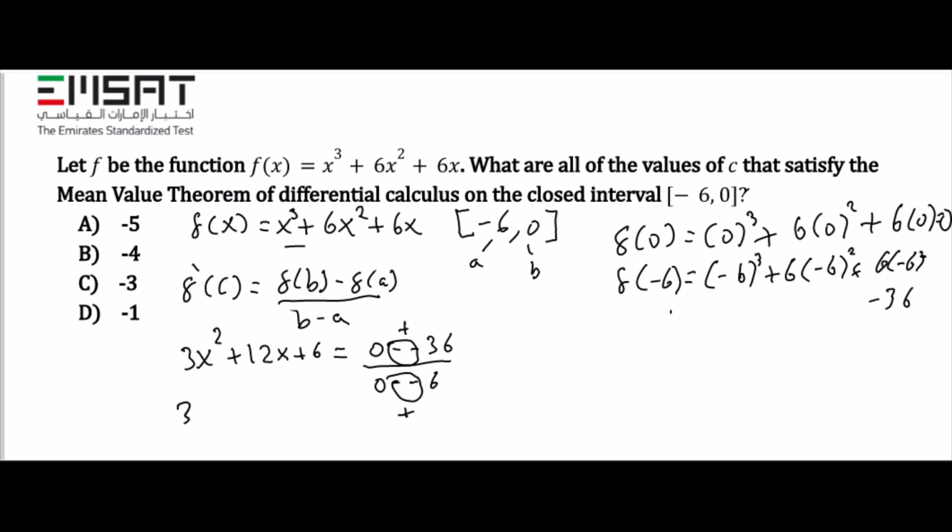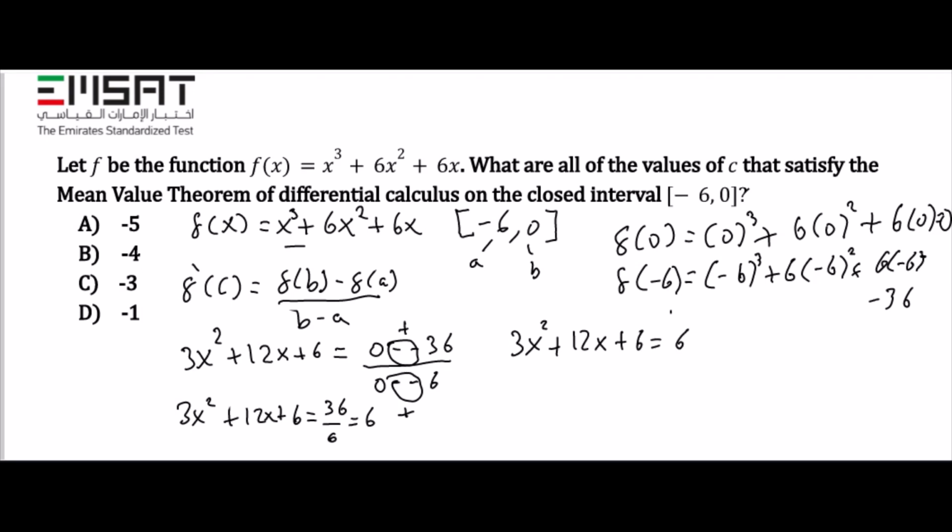So 3x squared plus 12x plus 6 equals 36 over 6, which is also equal to 6. So now 3x squared plus 12x plus 6 equals 6.